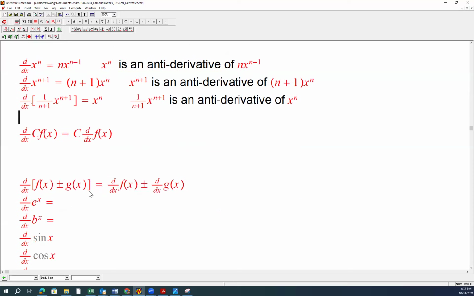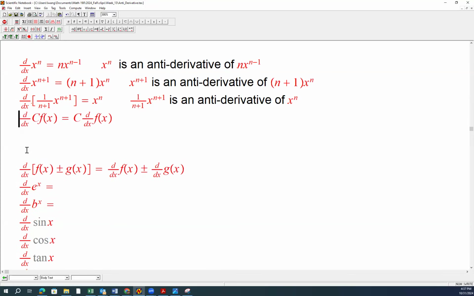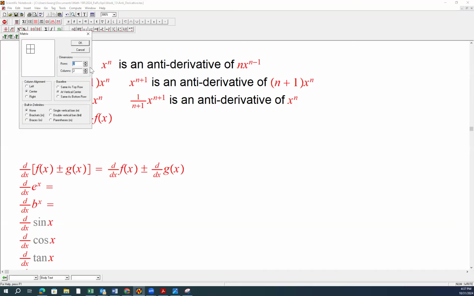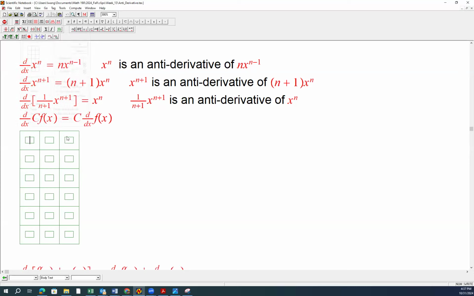Continue this process. I think we're ready to make a little table, right? So let's make that table. We're going to do a little summary column. Let's make some rows.